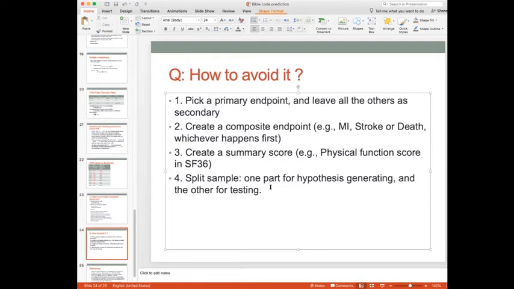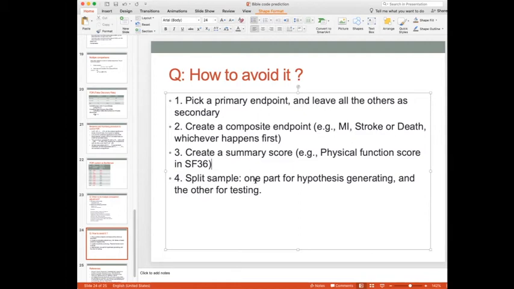And the last one is that if your sample size is really large, sometimes you can try this: you do split sample. You split the sample into two parts and you use one part for hypothesis generating. Say you have 100 hypotheses and you use one part to evaluate these 100 hypotheses and pick the most promising 10 hypotheses.